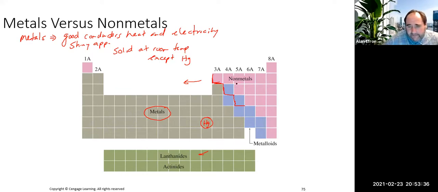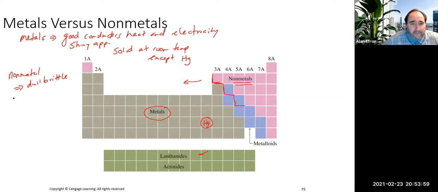Nonmetals, which are obviously found over here, to the right and up of the staircase. Nonmetals pretty much are dull and brittle. Not very good conductors of heat and electricity. They also have a much varied state.